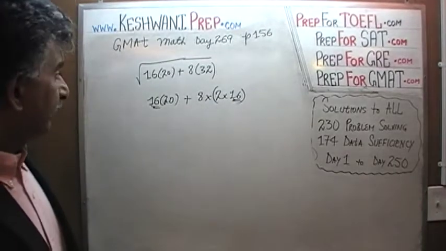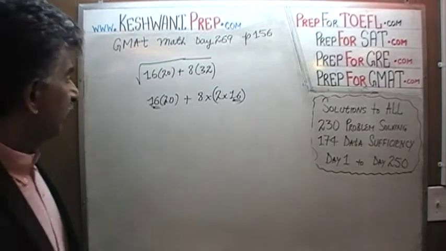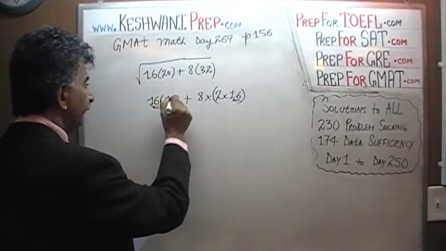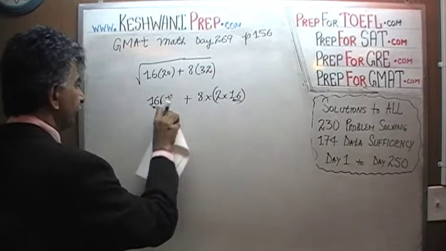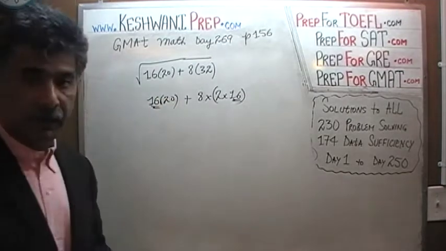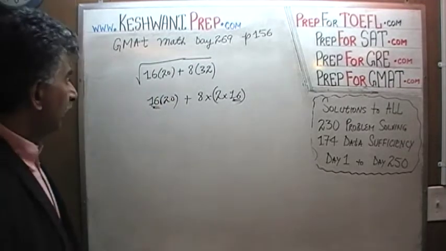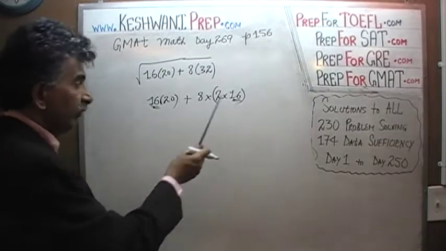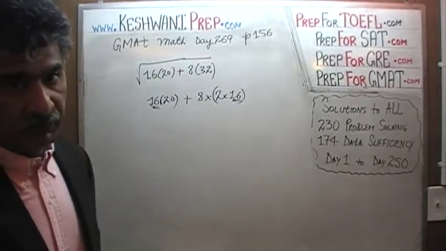We see a common factor. Let's see what happens if we take it out. Why do we want to take out the common factor of 16 and not 8 or some other number? Because 16 happens to be a perfect square and we can take the square root of 16 very easily.